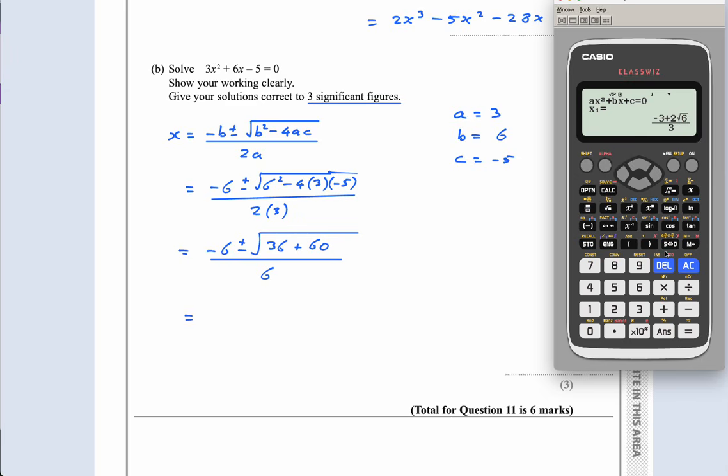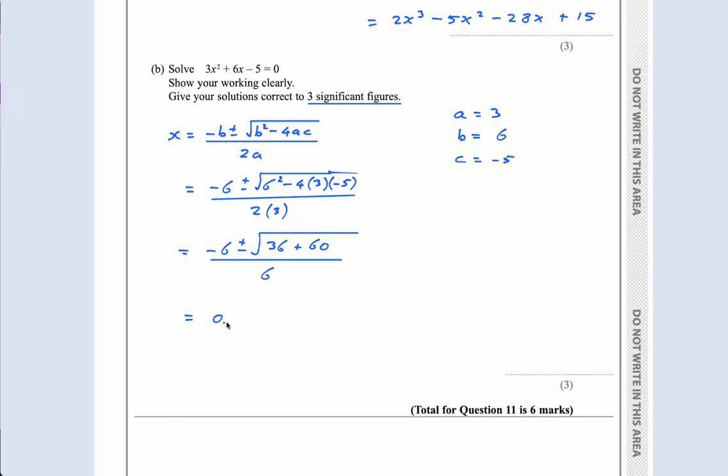If I press enter again, it gives me the other one. It also gives me the minimum, and there is no maximum. It gives me the x and y coordinate of the minimum. So I can change this to a decimal. So it equals 0. What did it say?